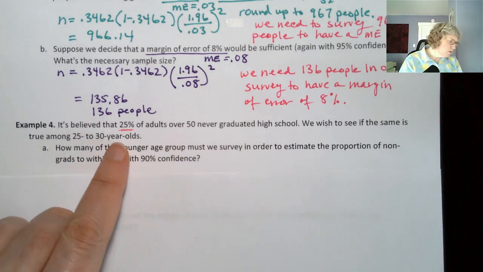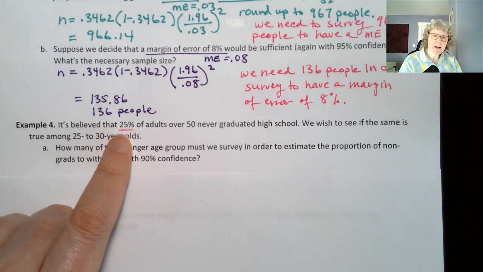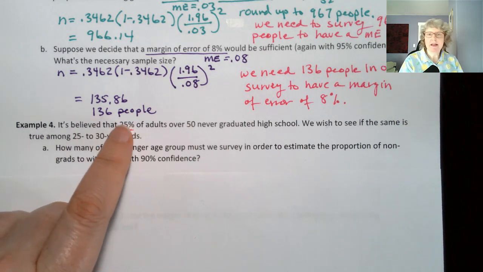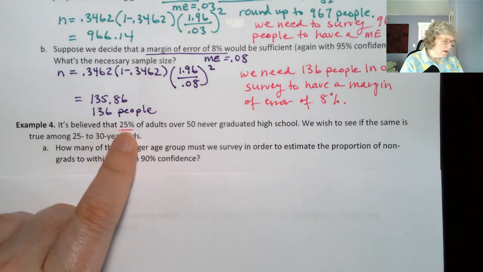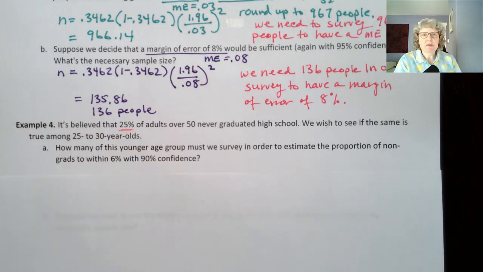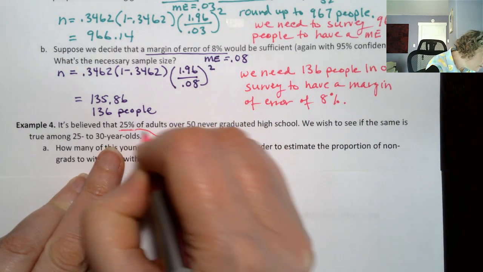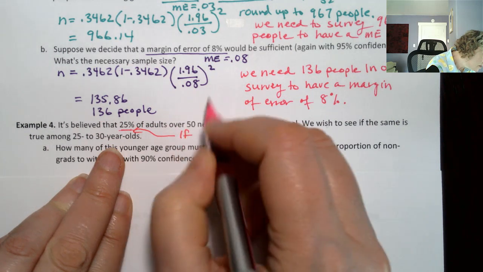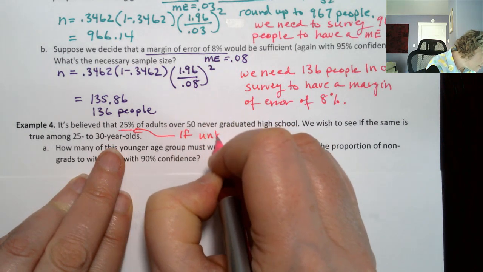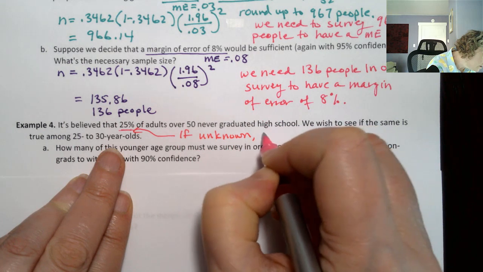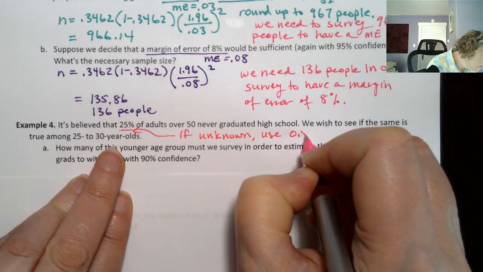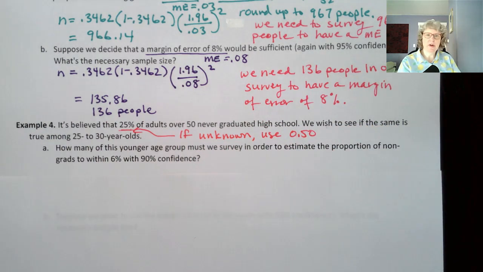And then I want to state one additional point on here, that is, if we don't have any idea whatsoever, then we can always use 50-50. Just use 50. That's kind of the worst case scenario. So I'm going to write over here, if unknown, use 0.5 or 0.50.